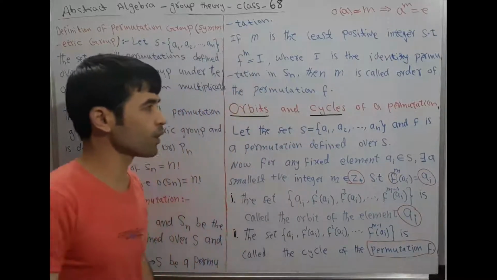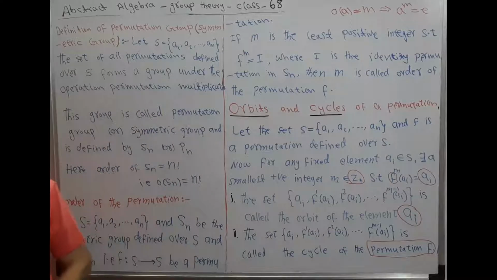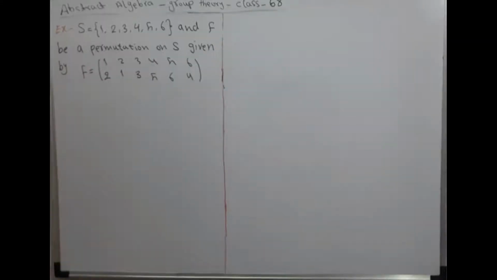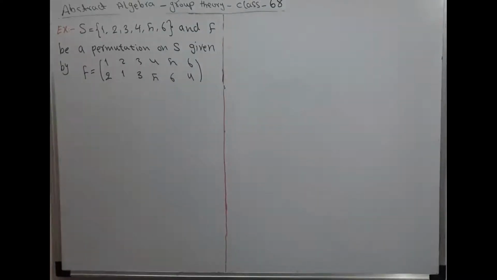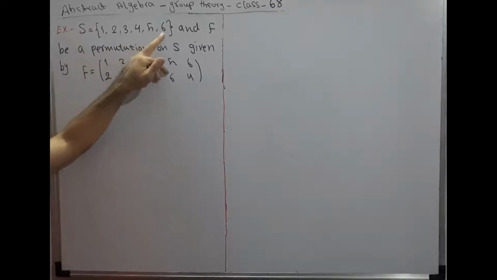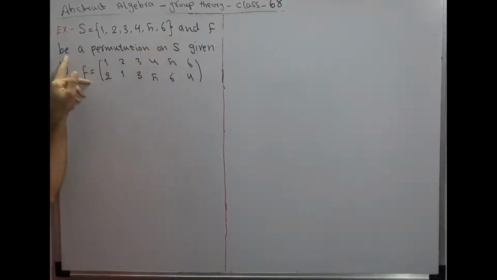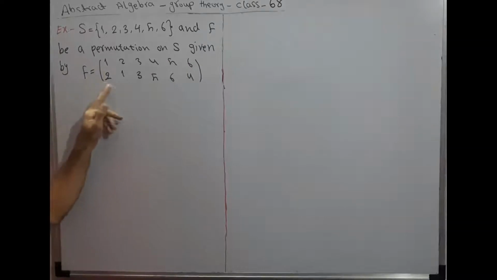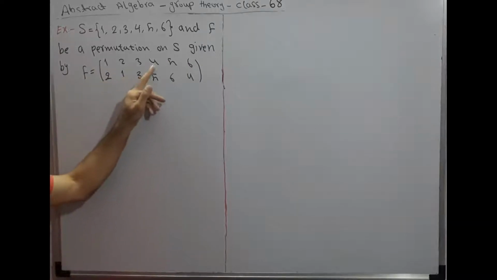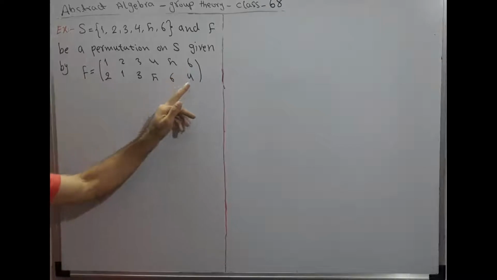Next, we want to solve an example. Here is an example. S is equal to {1, 2, 3, 4, 5, 6}, and f be the permutation on S, given by f equal to 1 to 2, 2 to 1, 3 to 3, 4 to 5, 5 to 6, 6 to 4.